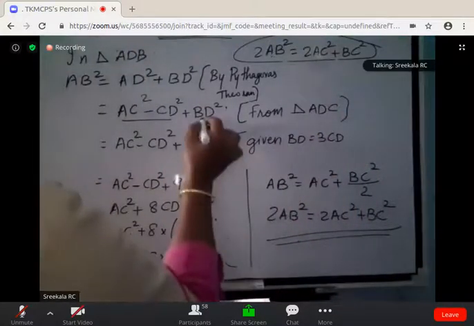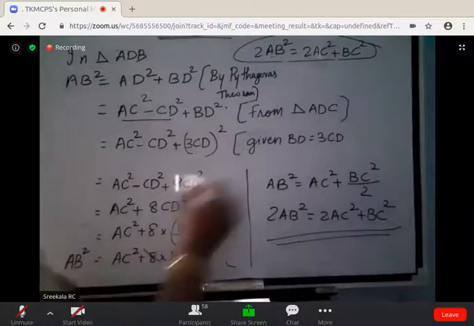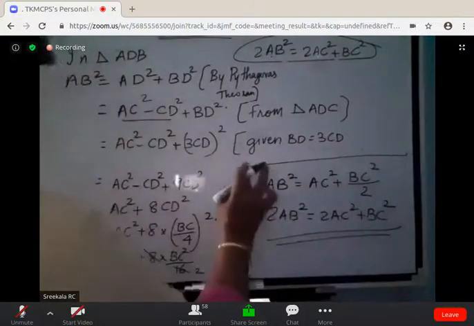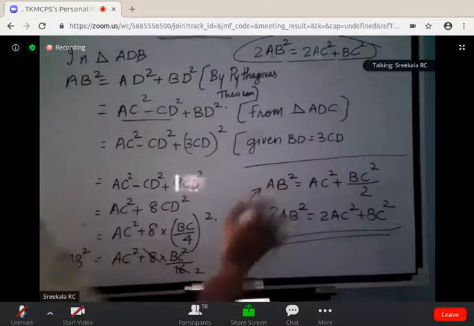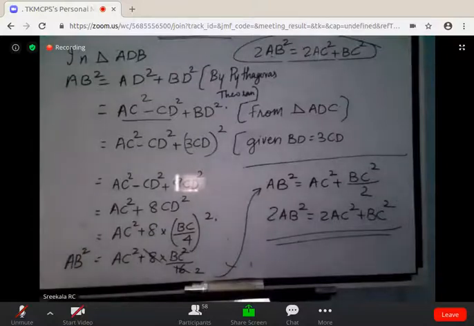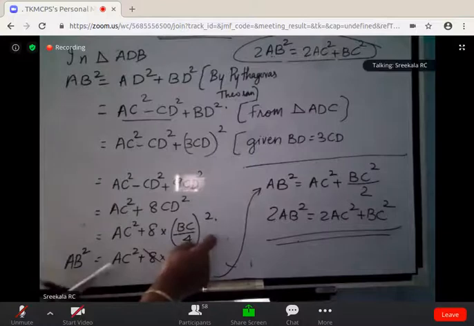Given BD equal to 3 CD, so instead of BD, you can write 3 CD. After completing this, you have to write.